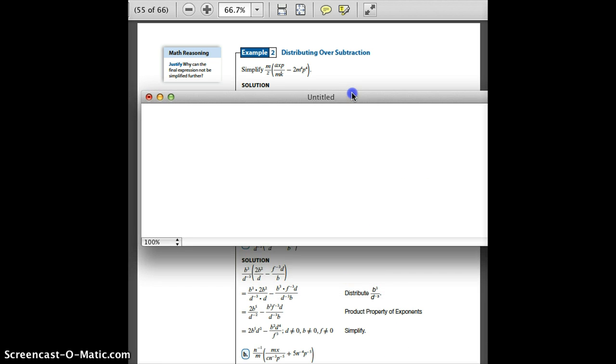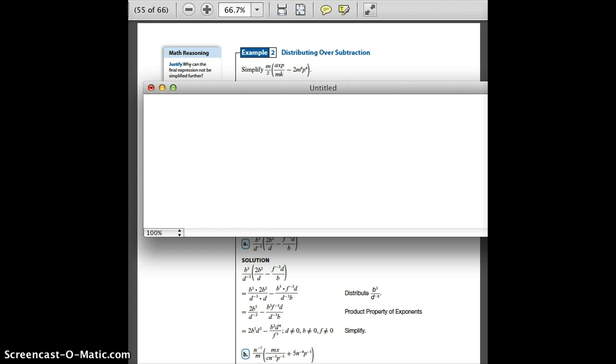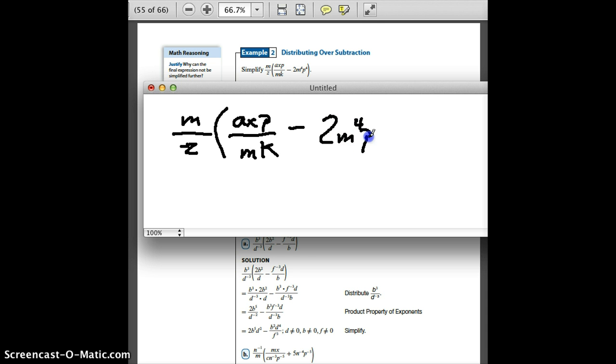All right, second example. We have m over z, times a m x p over mk minus 2m to the fourth p to the fourth. All these are just variables.